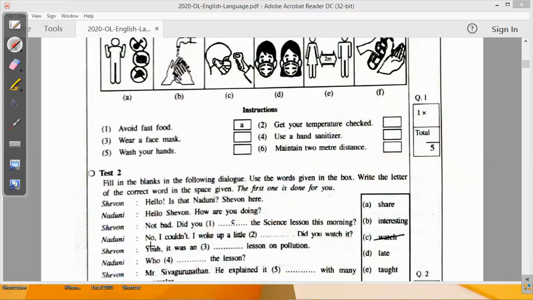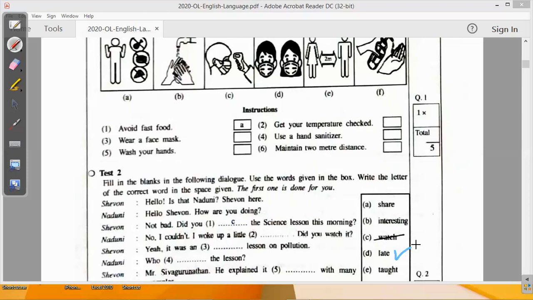Okay, so the next one, Naduni says, no, I couldn't. That means she has not watched the science lesson, right? I woke up a little, right? Okay, the reason why she has been unable to watch the lesson is because she woke up late, a little late, right?